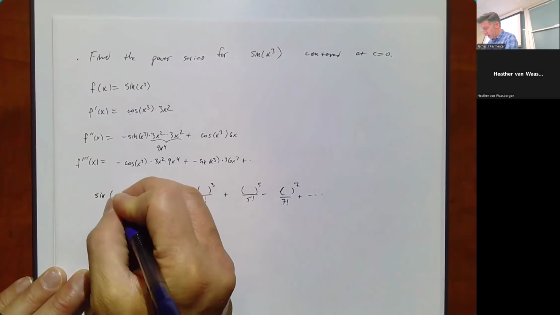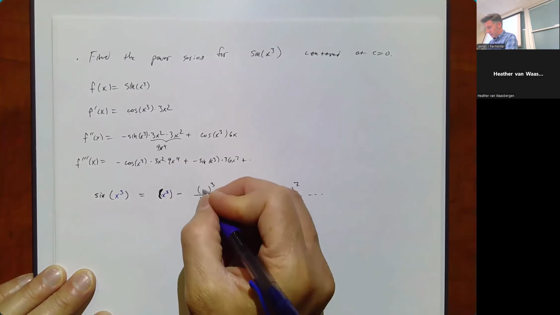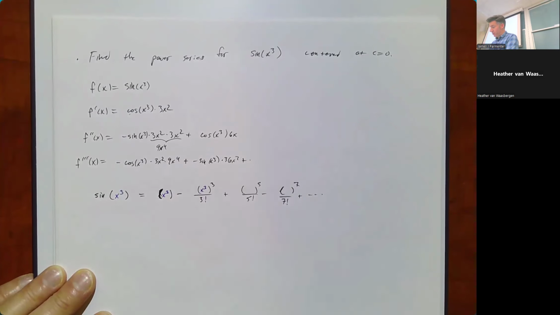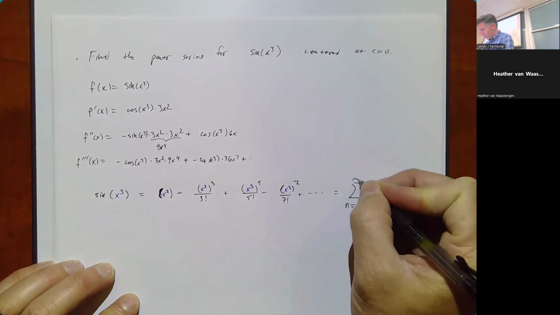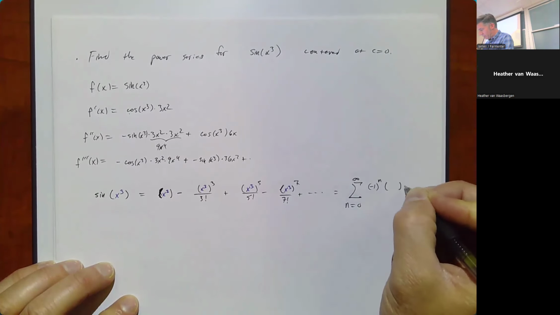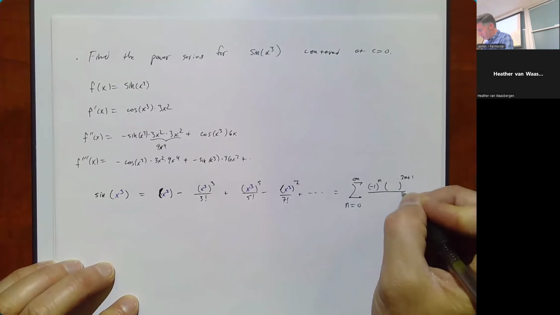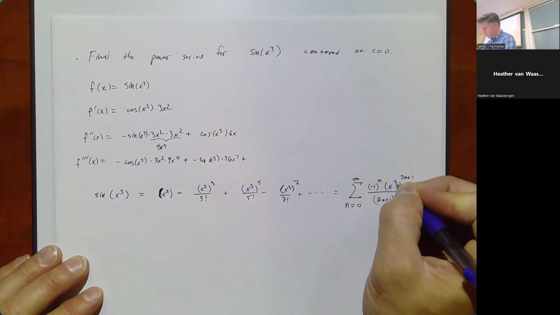So sine of x cubed is equal to x cubed minus (x cubed) cubed over 3 factorial plus (x cubed) to the 5th over 5 factorial minus (x cubed) to the 7th over 7 factorial, et cetera, et cetera. And we can write this as the sum from n equals 0 to infinity of, instead of (-1) to the n times x to the 2n plus 1 over (2n plus 1) factorial, we can replace the thing in the parentheses with x cubed.